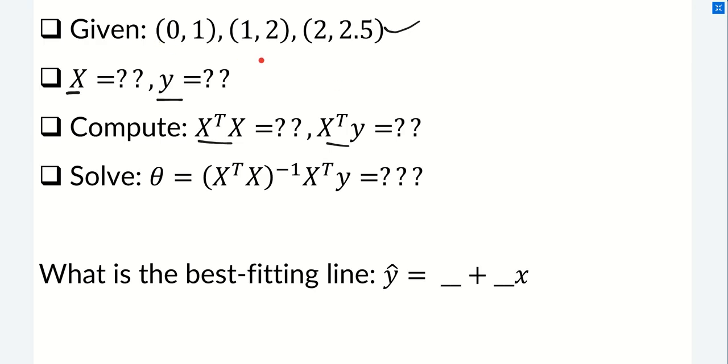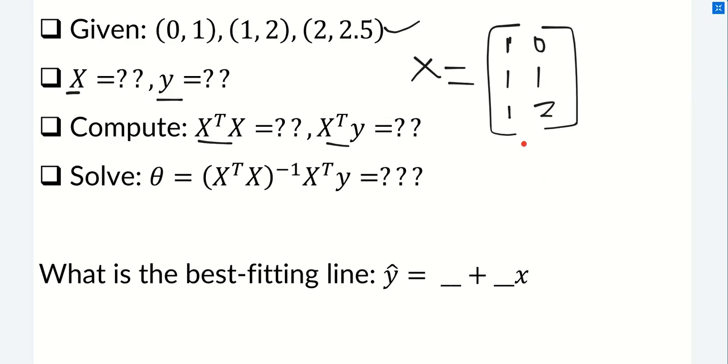Okay, so here your x is going to be 1. Okay, 1, 2, 3. So it's going to be 1, 1, 1, right? Then 0, then 1 again, then 2. This is going to be your x.